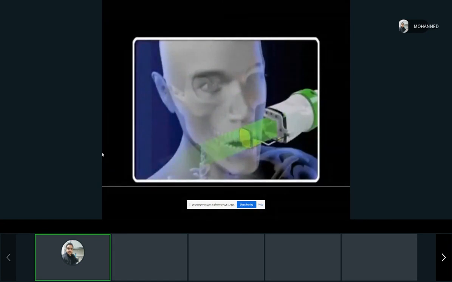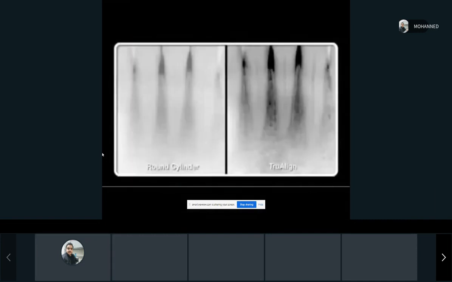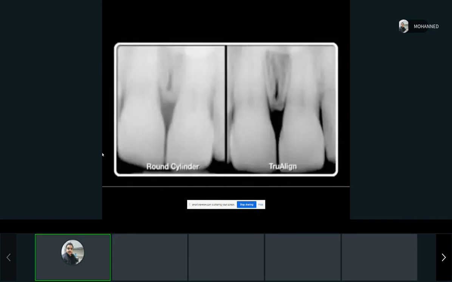The beam is only 2% larger than the receptor. By drastically reducing scatter radiation and collimating the beam, the images, regardless of machine or receptor type, are clearer and crisper and contain greater information, as shown here in this side-by-side comparison. This translates into improved patient care and increased practice revenue.